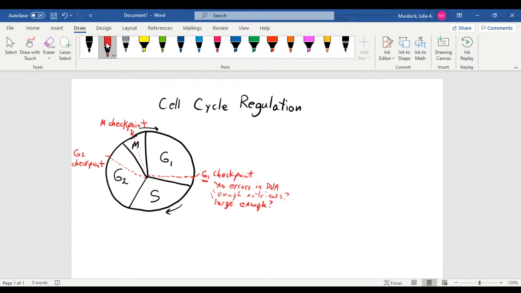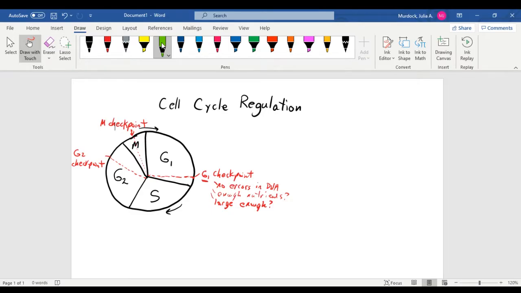All right. So now there are chemical signals that are going to zap the cell and tell it to move forward. Well, how exactly does that happen? I'm going to choose a different color for this. Hopefully green will show up.